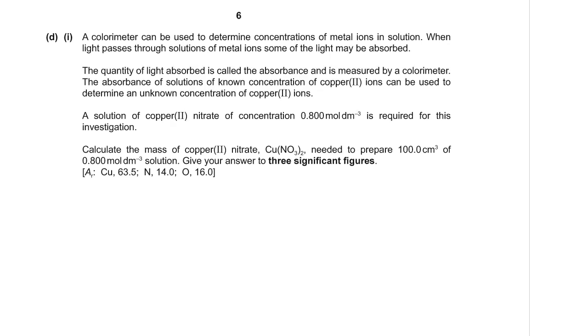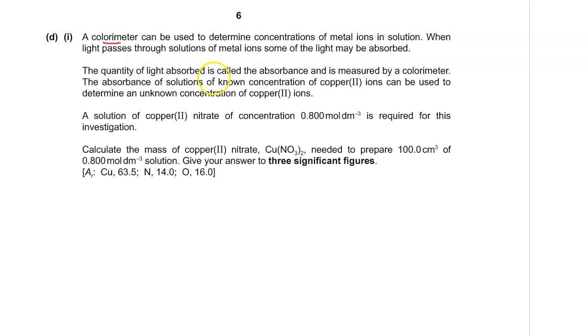Part D. A colorimeter can be used to determine concentrations of metal ions in solution. A colorimeter, of course, uses light. When light passes through a solution of metal ions, some of the light may be absorbed.